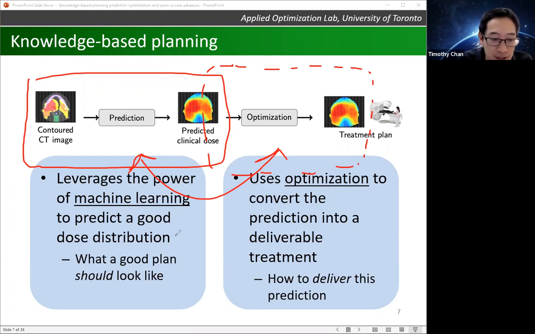I'll also say that there is another approach that has already been developing for quite a while now, which is image into a neural network into a treatment, right?